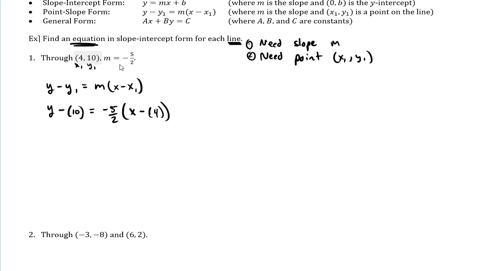Okay, and then it might be useful to keep it in parentheses, so everything I substituted in is in parentheses. And then after we sub all this in, our goal will be to solve for y, so put it in the slope-intercept form, y equals mx plus b.